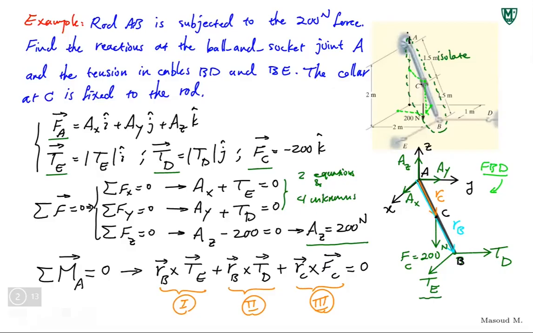We have to find XC, YC, ZC. How do we find those? It would be 0.5, 1, minus 1. That is exactly on point.